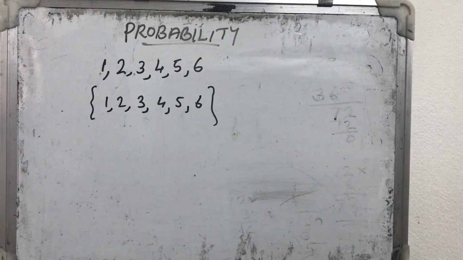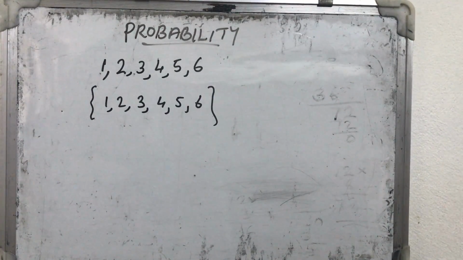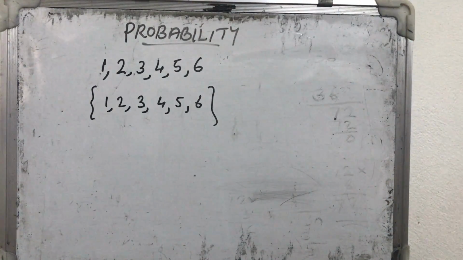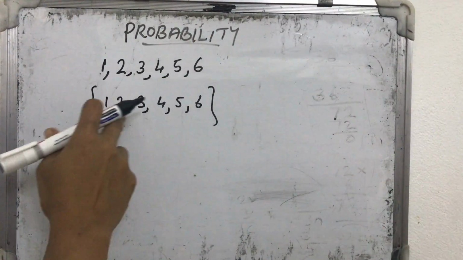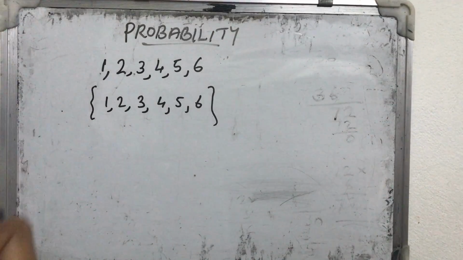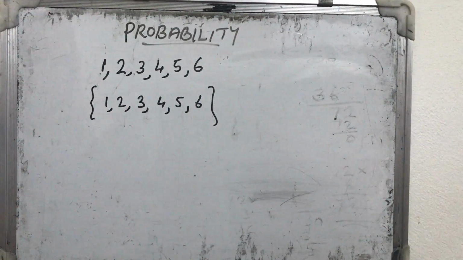Now, what is the probability of getting number 2 when we throw a die? In this sample space, how many 2's are there? Only one; 2 is written only one time on a die.